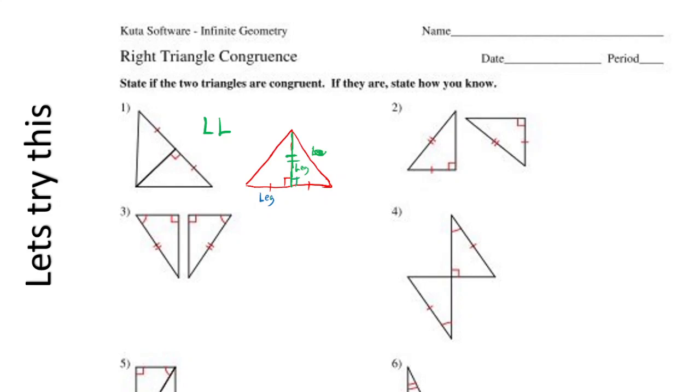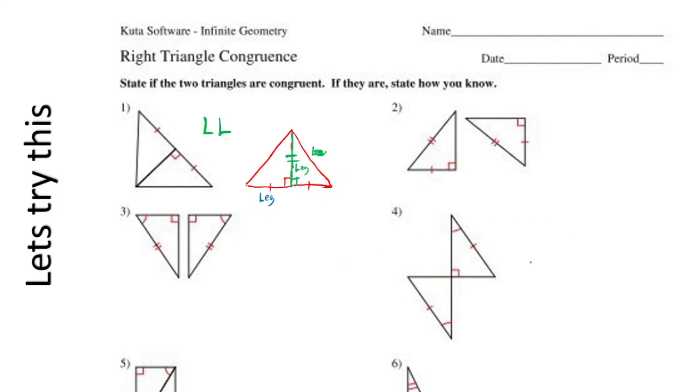Next, number 2. What is the congruence theorem? Analyze the illustration. You can rotate the illustration. Then identify the parts of the right triangle, if that is leg, hypotenuse. Okay, so what is your answer?